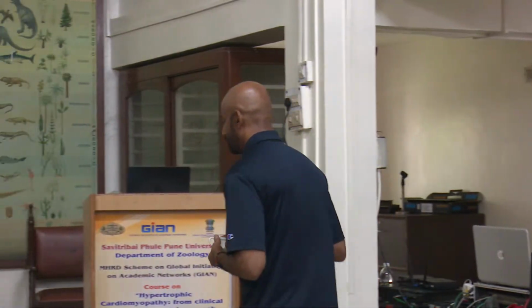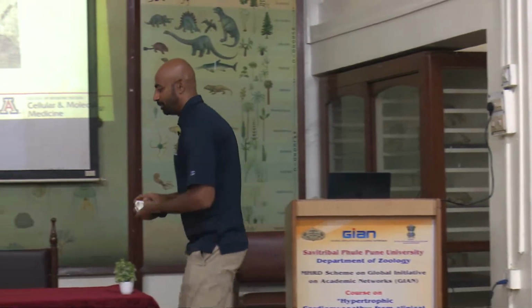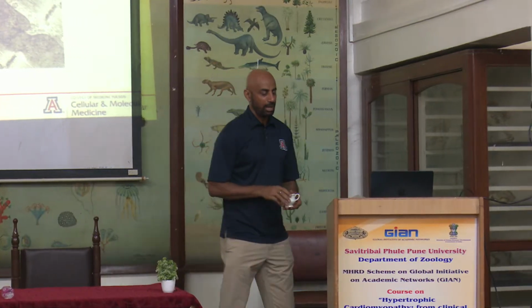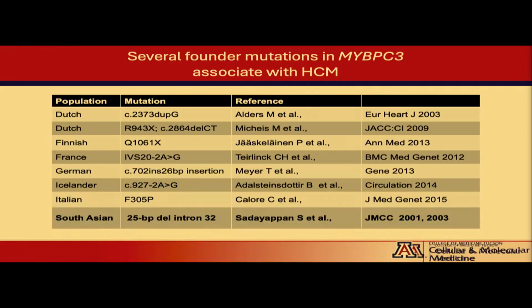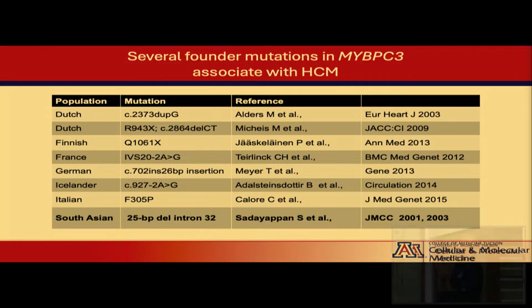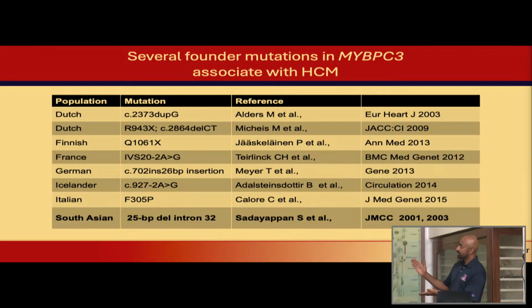Okay, so for the next part of the talk, I'm going to give an example of a project that we have done over the last 20 years. So that's going to be very interesting. So in myosin binding protein C, there are several founder mutations reported in the literature. Again, I listed a number of different mutations.